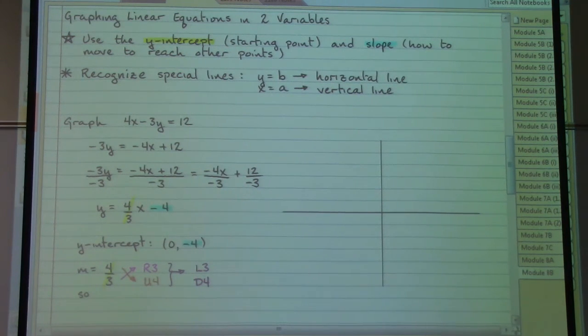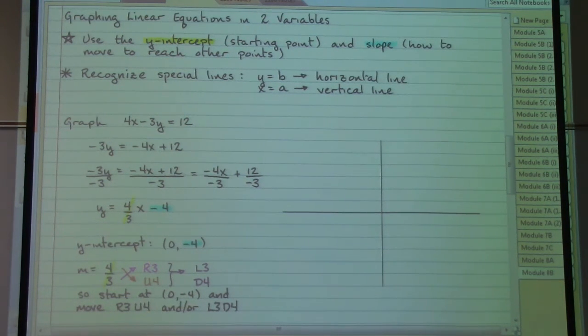So we would want to go ahead and say start at the point 0 comma negative 4 and move right 3, up 4, and or, because we've got the choice of using that second set of directions, left 3, down 4, like Star Wars droids or something.